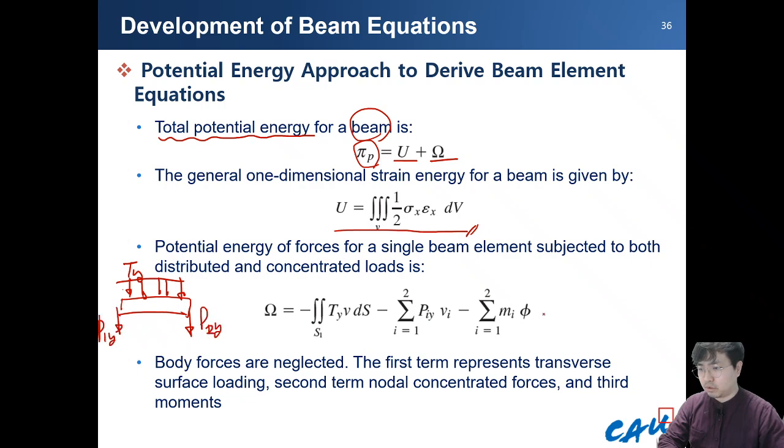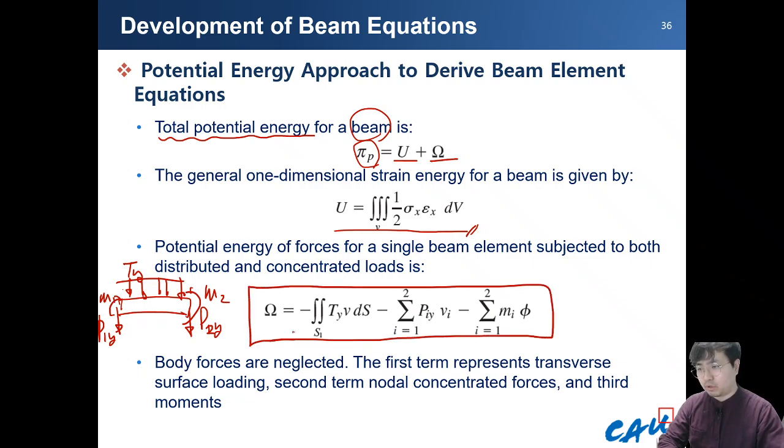This is the second point, and then this is a moment. This is M2, this is M1. So this is the total work done by the external forces. The summation of these two terms is the definition of the total potential energy of the elastic beam structure.